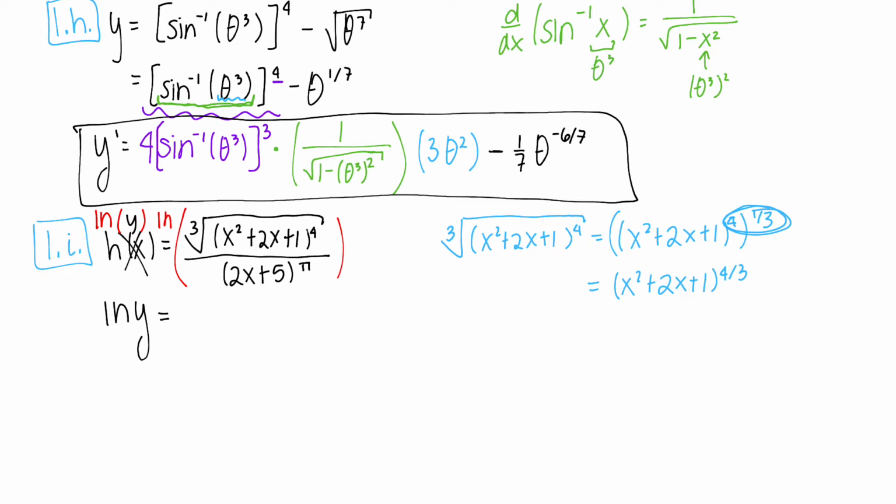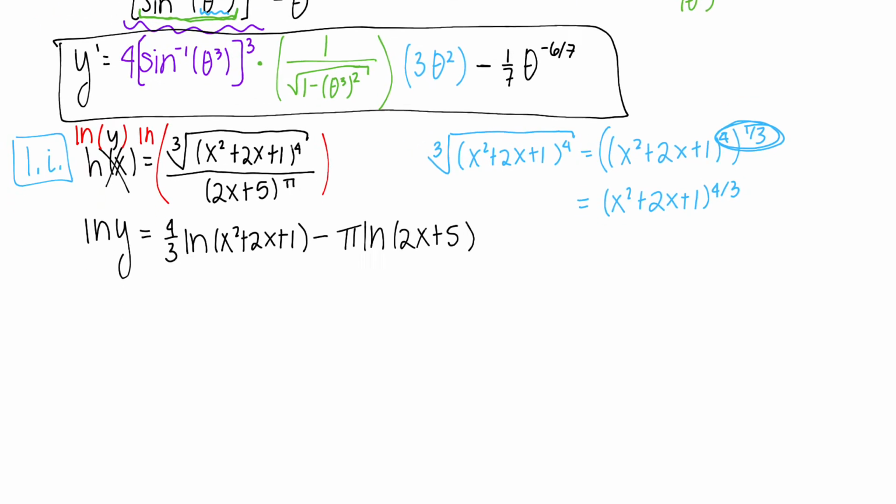So when I'm taking the ln here, the 4/3 power will come down. So we have 4/3 ln of x squared plus 2x plus 1, minus, because this is in the denominator, pi comes down. Pi is just a number, so pi ln of 2x plus 5.